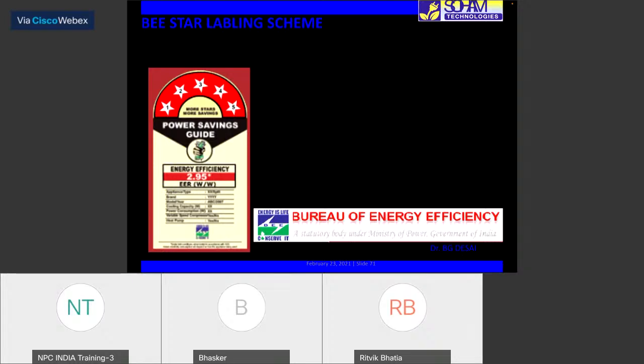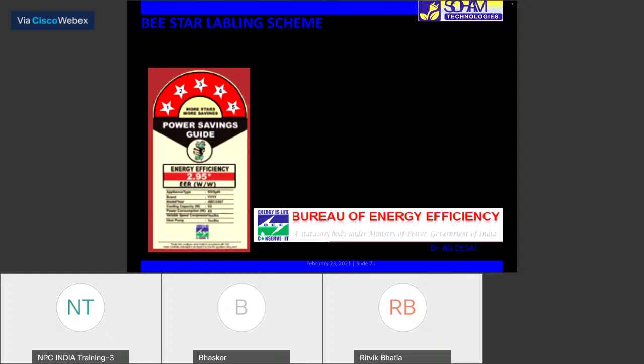Whenever we bring an air conditioner or refrigerator, we do not sell it back within a year or two. These are equipment which we run for many years, and that is why the life cycle cost is to be understood. And 5 star means it is not a luxury, but a lower life cycle cost of that particular equipment.